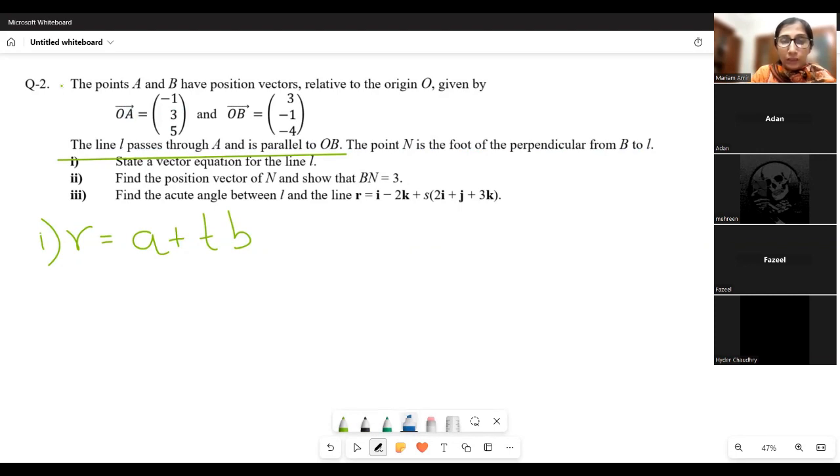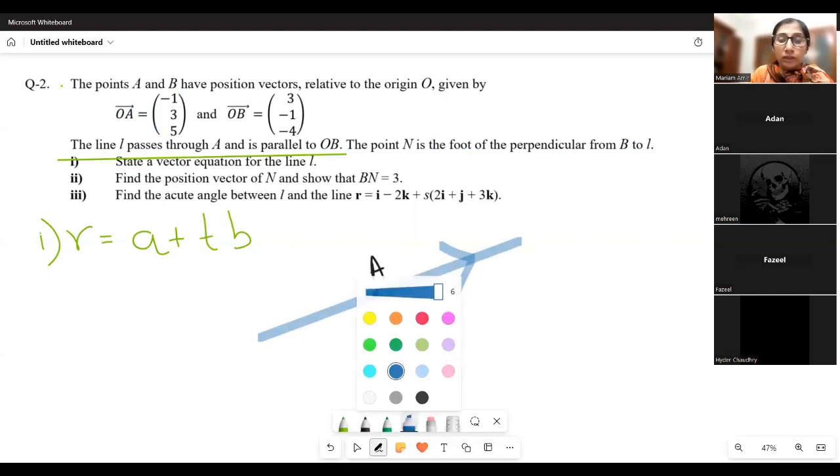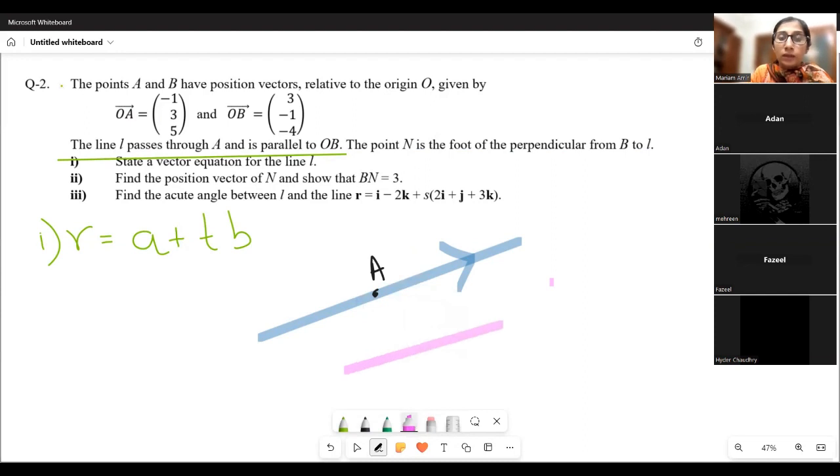We know a point A on it, but we don't know another point on it. In fact, we know another vector parallel to it.